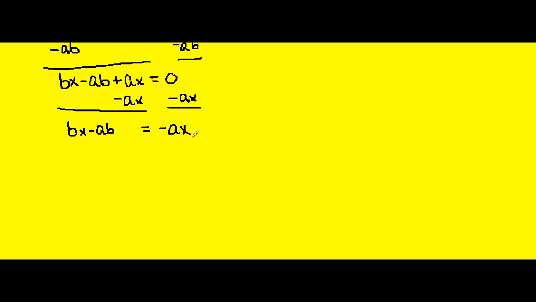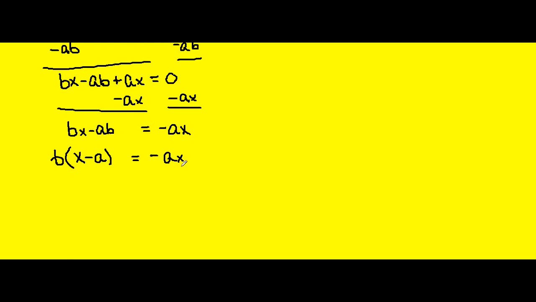Okay? Now here's the key part of all this. I've got a b here and a b here, which means it's the GCF. I want to factor out the GCF, which is b. And if I factor out b, then what's left over is x minus a. And that's equal to negative ax.